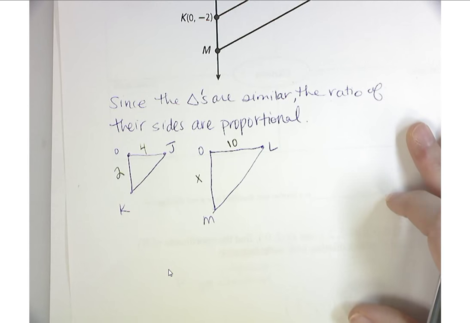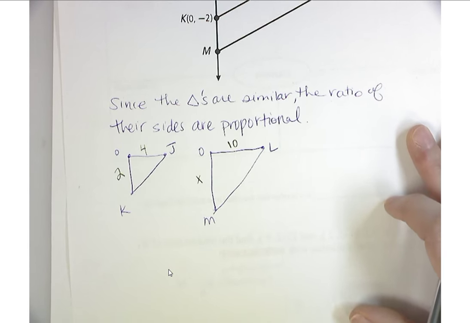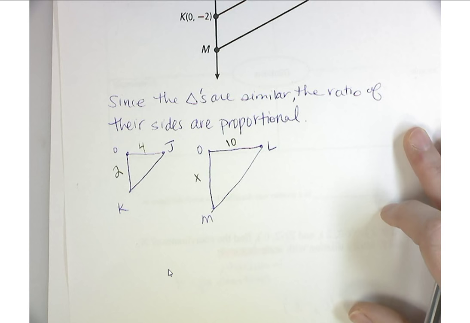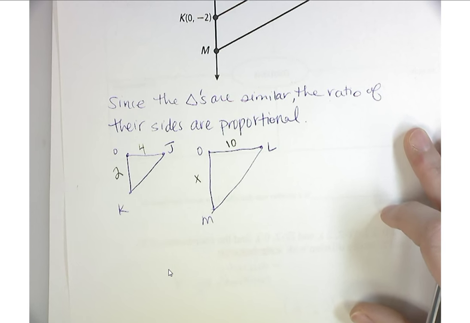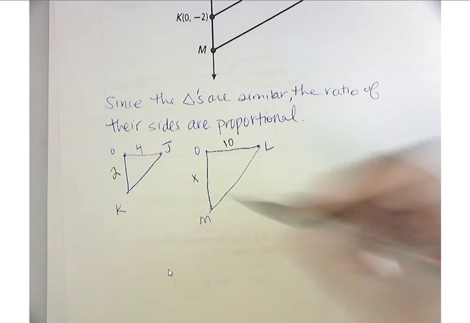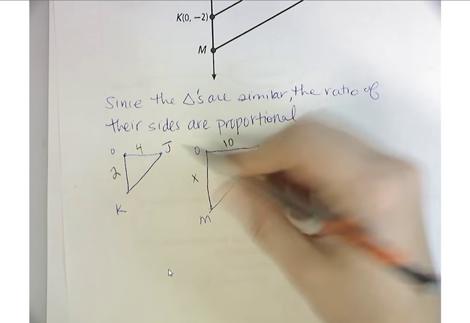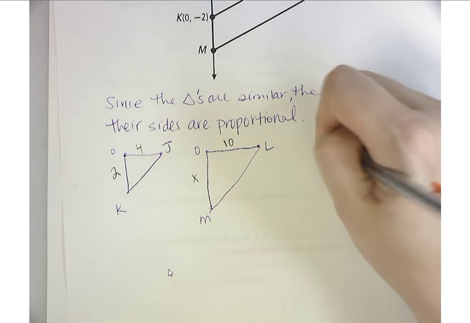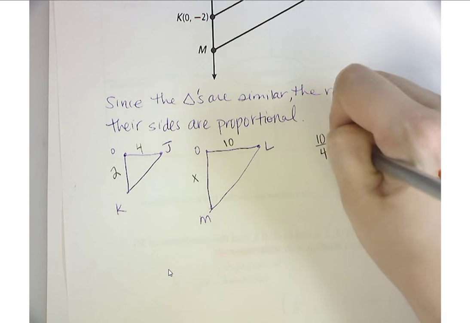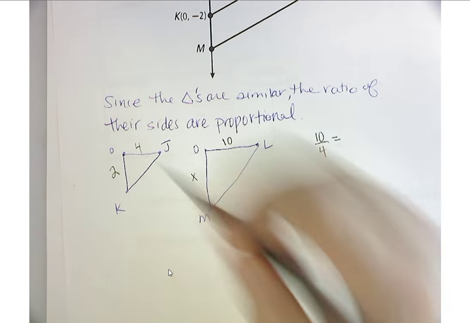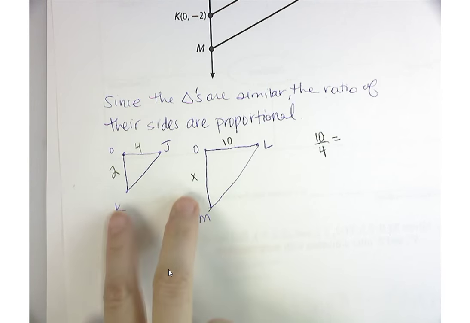Okay, and now you can set up a proportion. And there's actually many different ways you can set up the proportion. Okay, so you can either start by doing like 10 over 4, that would be fine. If I set up 10 over 4, then what has to go on top, the X or the 2?